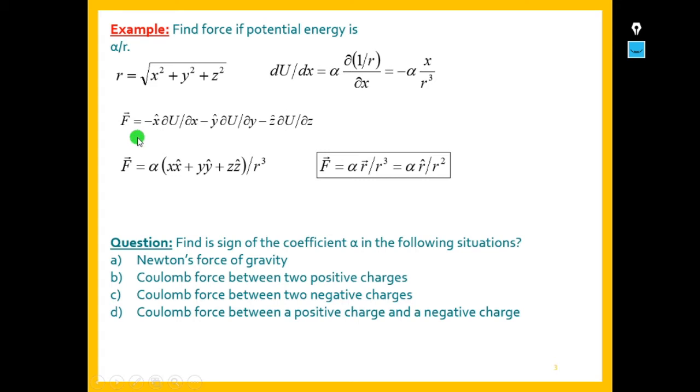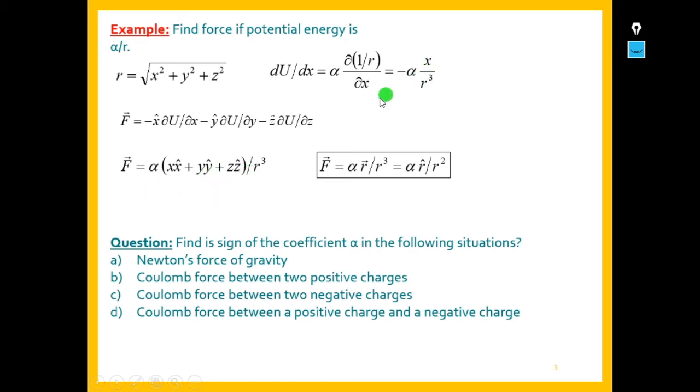Next, F is equal to, the formula is minus unit vector of x into dou u by dou x, minus y unit vector of y into dou u by dou y, minus z unit vector into dou u by dou z. Hence F is equal to, we multiply this equation. So alpha into unit vector x cap into x by r cube, where I have taken r cube common.